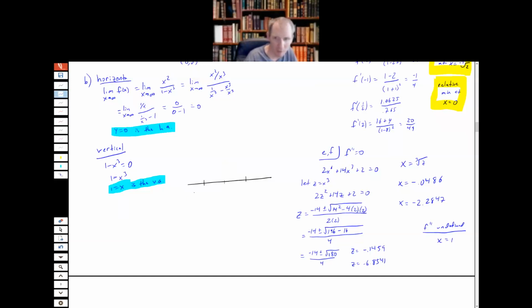So we have negative 2.2847, negative 0.0486, and 1 as our critical points for the second derivative. So we have to test something in between. The only good news there is it's a lot easier to find integers when your critical values aren't.